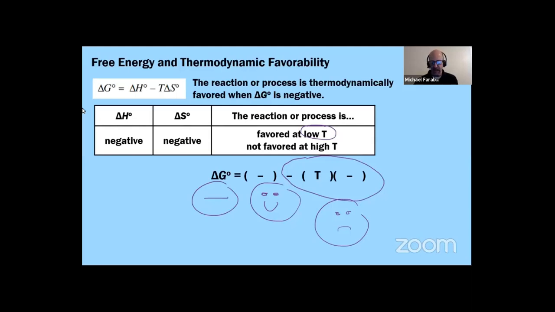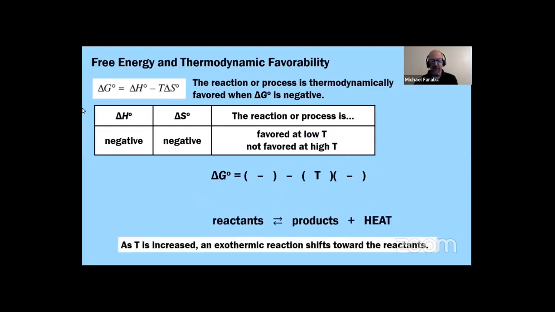And going back to the Le Chatelier's principle situation, if you raise the temperature too high, then by shifting the equilibrium toward the reactants, it can potentially make your reaction unfavorable at relatively high temperatures.